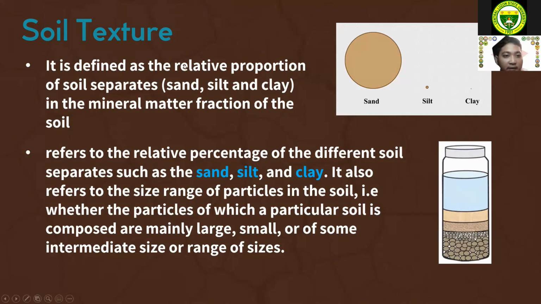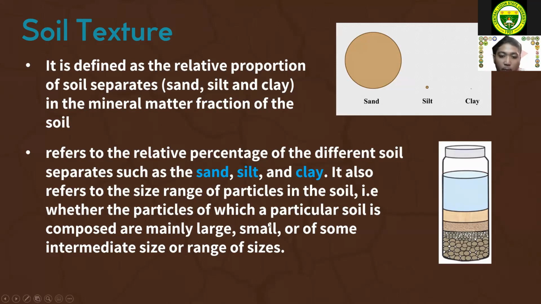Another definition of soil texture is that it refers to the relative percentage of the different soil separates such as the sand, silt, and clay. It also refers to the size range of particles in the soil. So sand, silt, and clay have a specific particle size. They are different from each other because of their particle size.